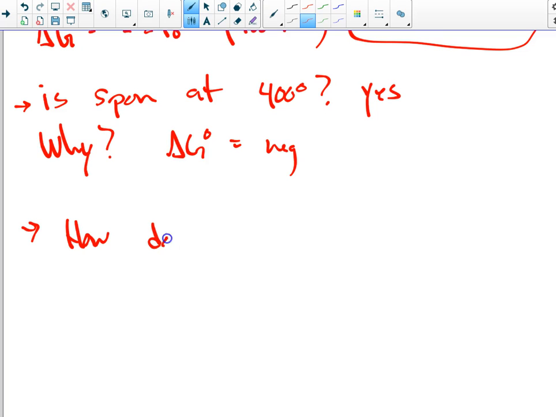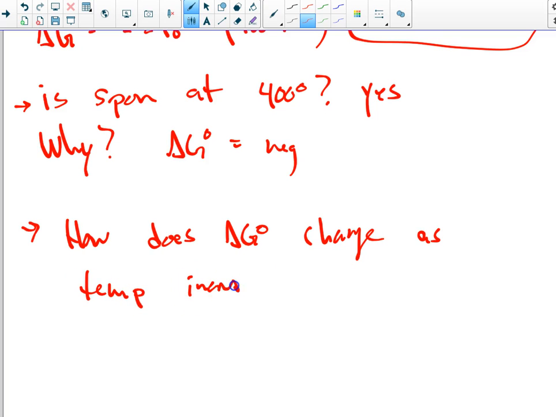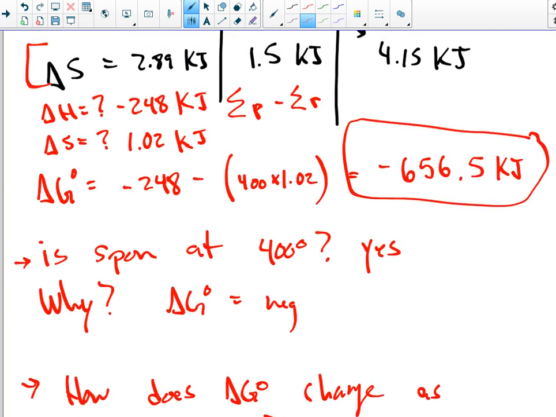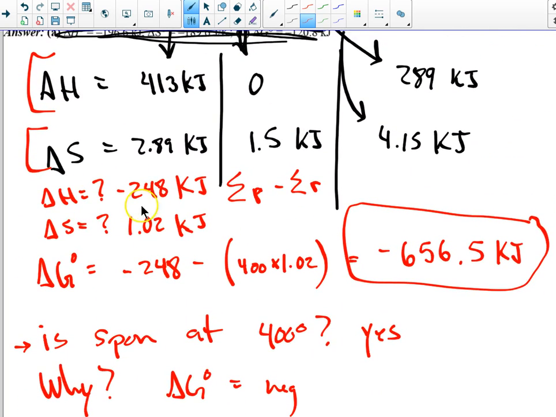How does delta G change as temperature increases? Will you have that discussion with your partner real quick? How does it change as temperature increases? As the temperature goes up, what is happening to delta G?